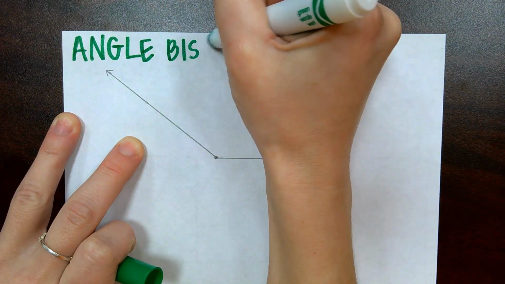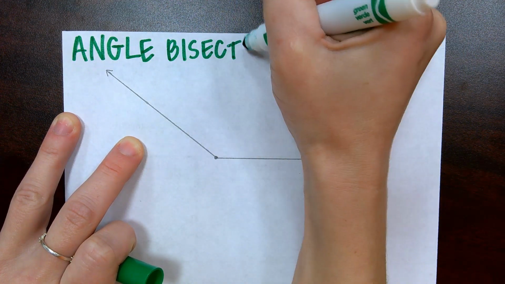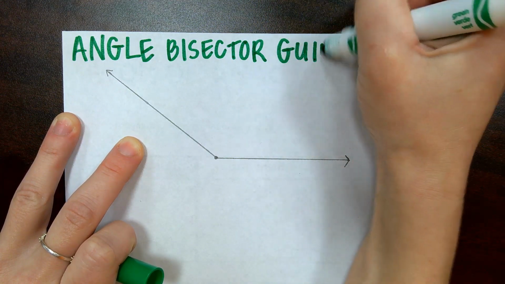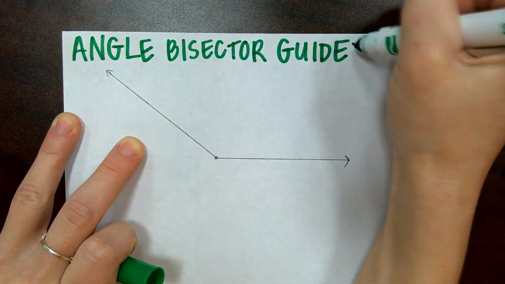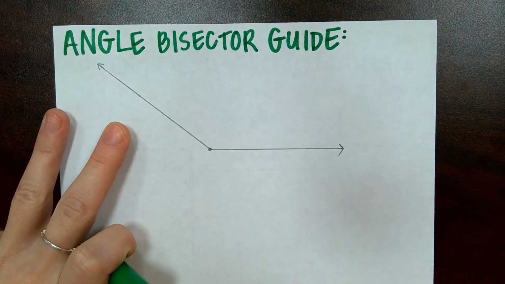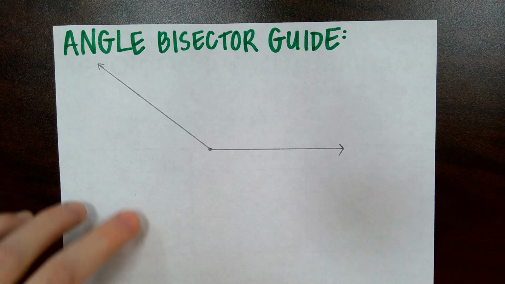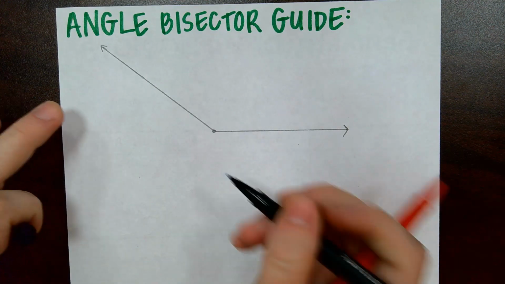Angle Bisector Guide. I'm going to write out some steps. So, step 1.